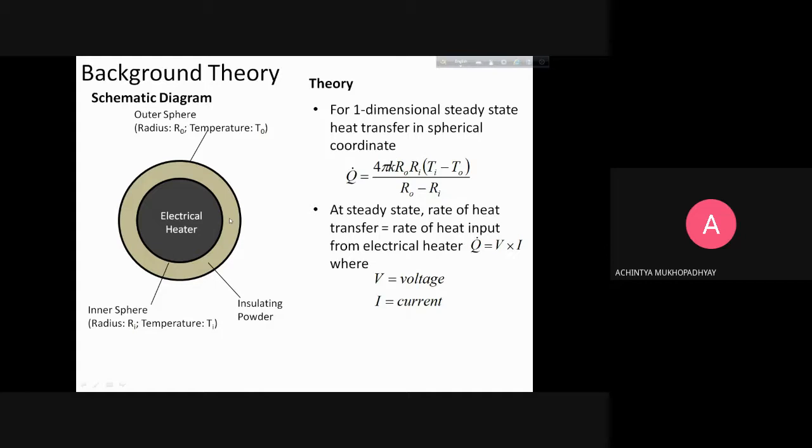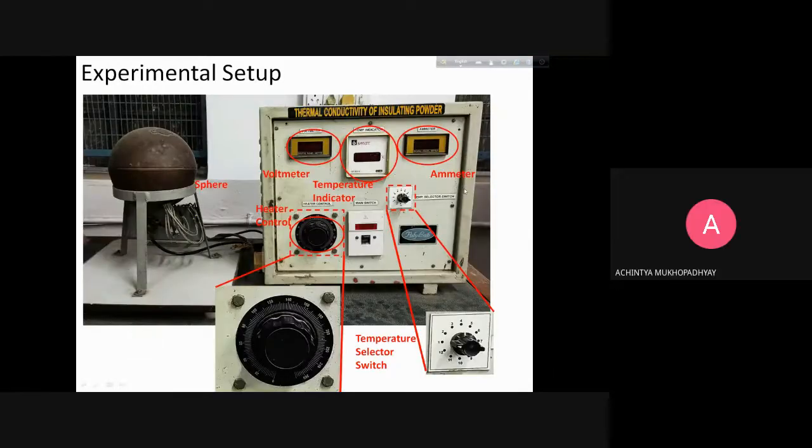So if you know how much heat is being input, you know how much heat is being lost, and that will give you this q dot. Then if you know the temperature of the inner shell and the outer shell, and you know the inner and outer radii, your only unknown becomes this thermal conductivity, and you can calculate it. So that is the underlying theory. Actually it's a very simple theory.